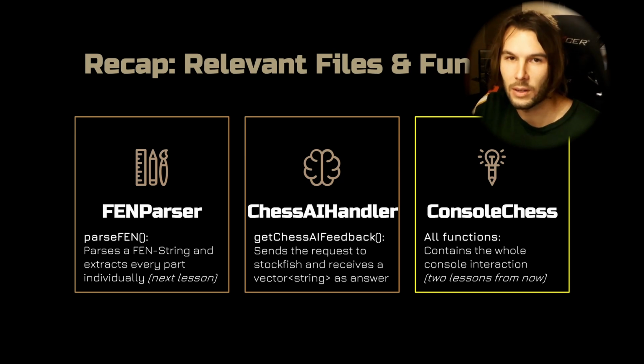The FEN parser, which we built the last time together, was all about how we can extract the values from the FEN string, such as how the board looks, who's playing, so whose turn it is currently, is it white or black, what the castling rights are, whether we have an en passant, and so on.